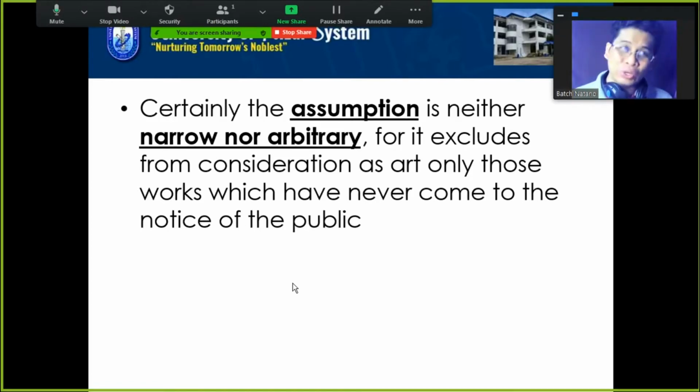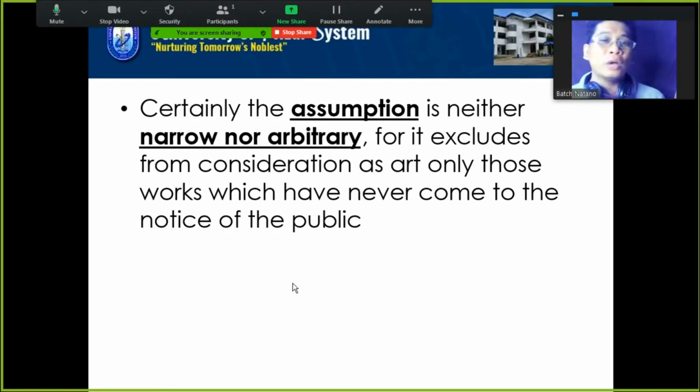Hence, for Tolstoy, it's not considered as a form of art. Kasi para sa kanya, there should always be a connection. Yung connection sa kanya is yung gusto ko at hindi ko gusto. Pero pag hindi mo talaga ma-get yun, for Tolstoy at some point, that cannot be considered as a form of art. Okay?